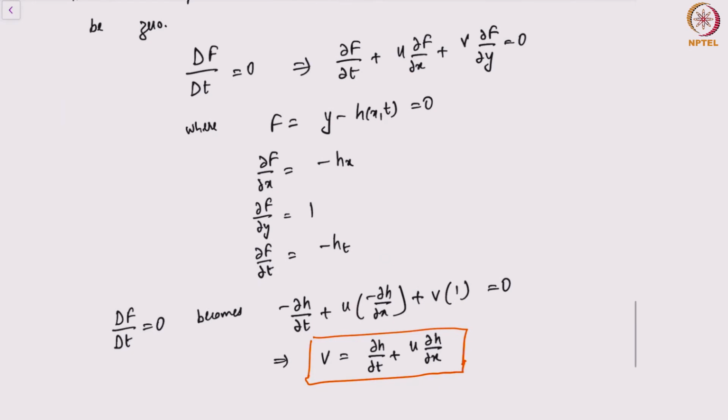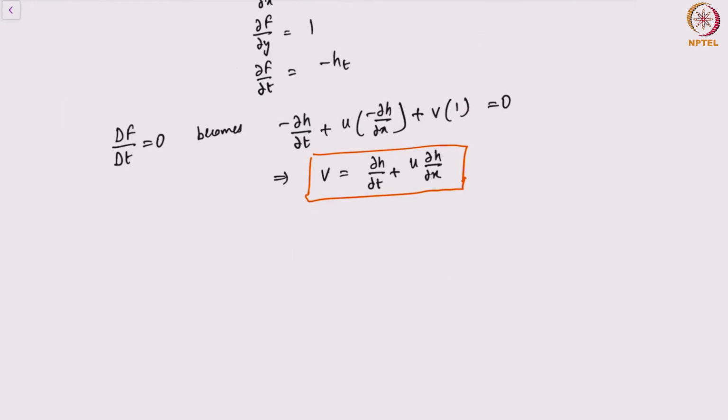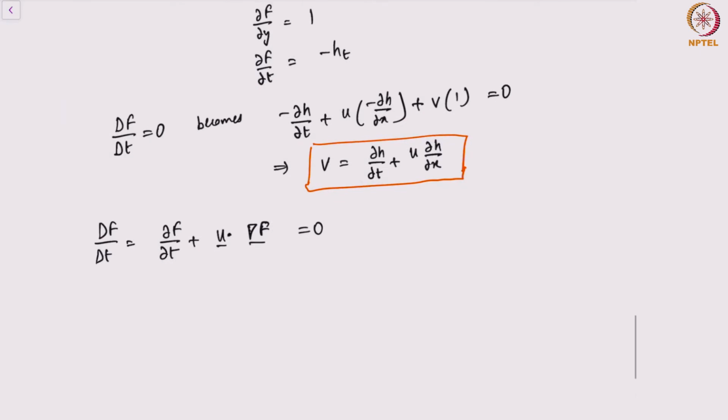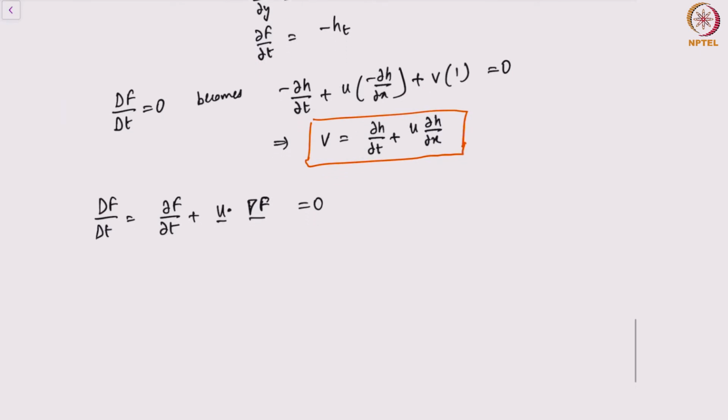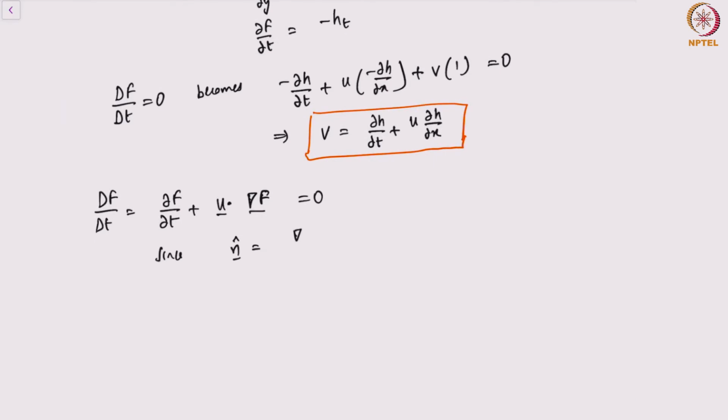For example, remember that df by dt is nothing but the partial derivative with respect to time plus u dot grad f, right? This is the definition of material derivative. Since n hat, the normal vector, we have already defined to be gradient of f divided by magnitude of this gradient, we simply have the gradient of f is nothing but n hat times magnitude of gradient.